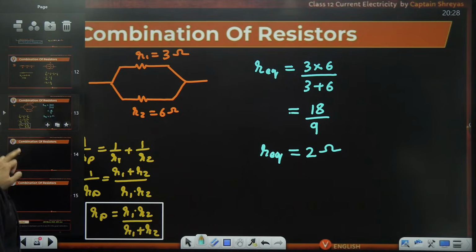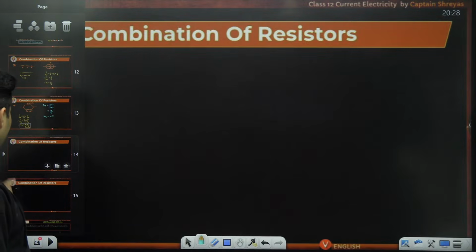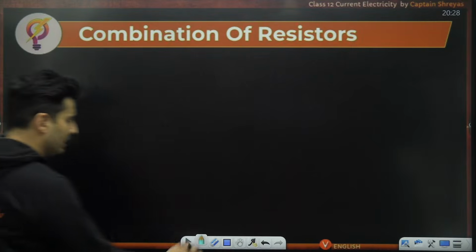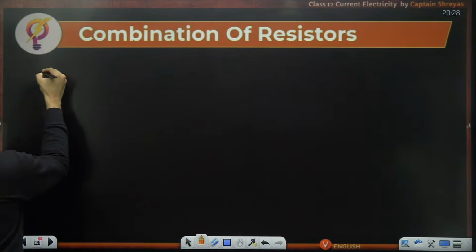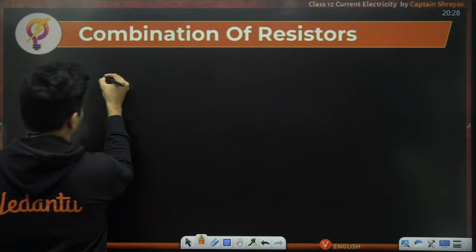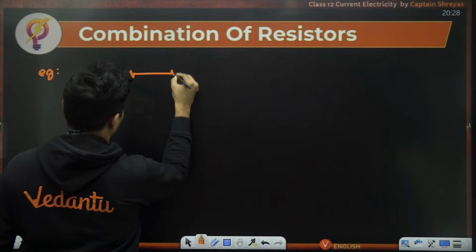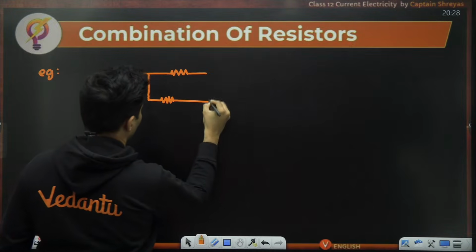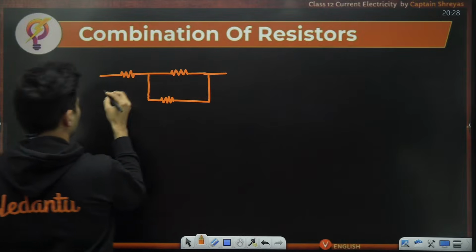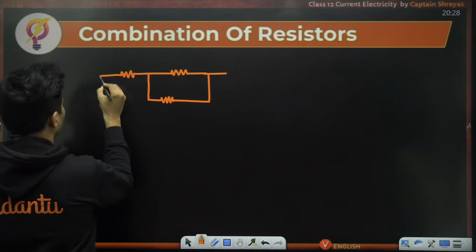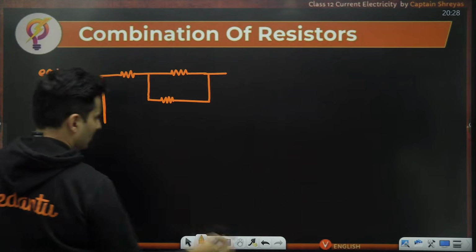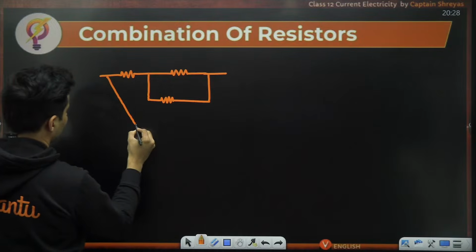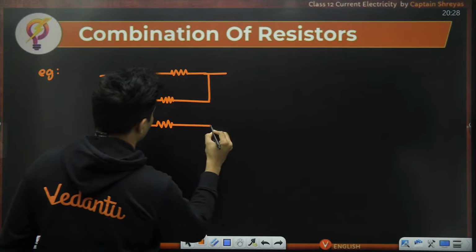Now, you need to keep in mind that sometimes it could be a combination of multiple things. Like, for example, there is a resistor here, another resistor here, another resistor here, and maybe this one over here like this.